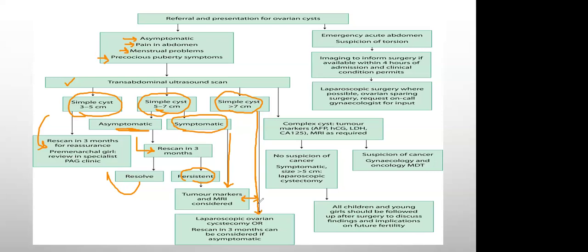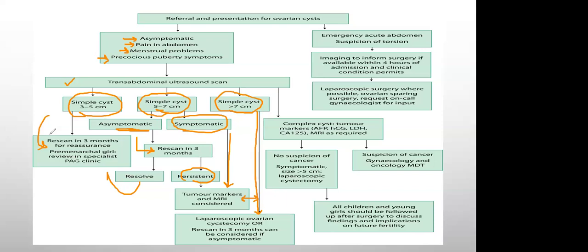Laparoscopic ovarian cystectomy is the ideal option for those patients. Why, for more than 7 centimeters, do I need to do an intervention? Because I have 2 situations I need to ensure that they will never happen: rupture of the cyst, which may lead later on to pseudomyxoma peritonei, for example, and ovarian torsion, of course.